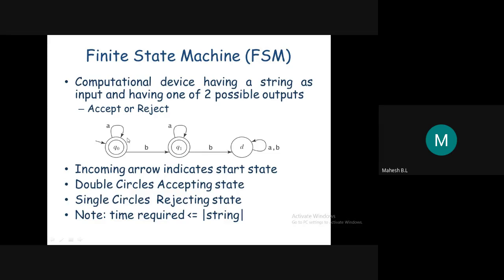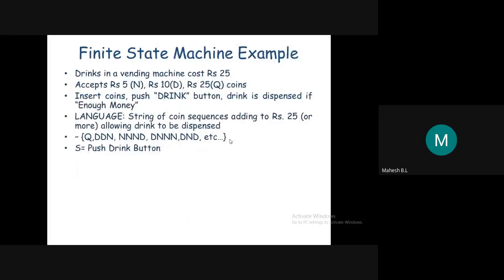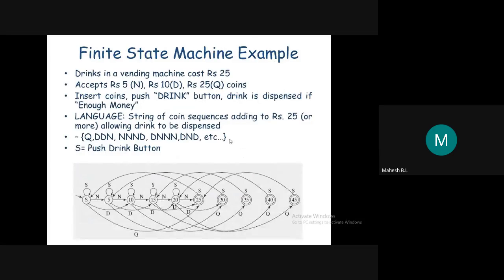Double circle indicates that Q naught and Q1 both are accepting states, and single circle indicates that this D is a rejecting state. So you remember this much for the time being. Then, as I told, a vending machine is an example of automated hardware developed using automata theory.